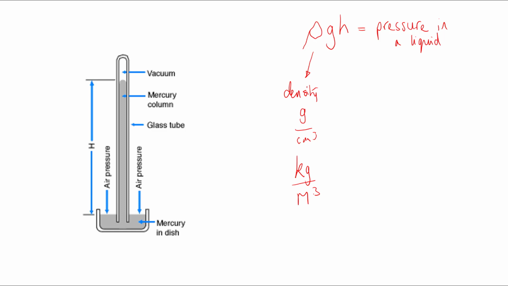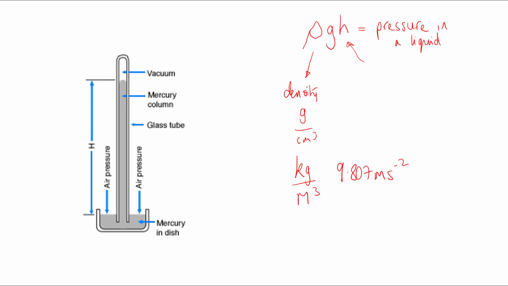We'd have to do a conversion. The numbers would be different. They'd be off by a factor of 1,000. And then g is the acceleration due to gravity, which is always going to be 9.807, and that's meters per second squared. And then the h in here is the height of the particular liquid that we care about.